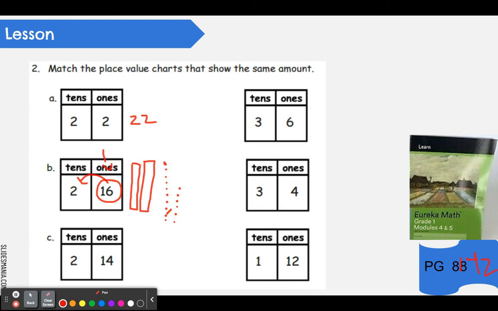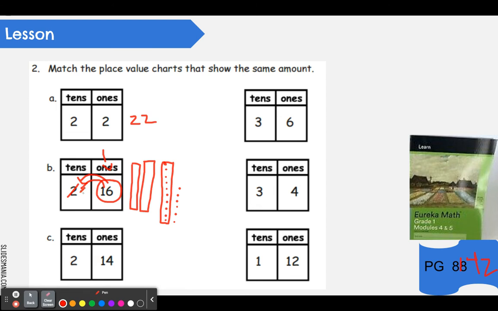I can't have more than 9 in my ones place because it's not allowed. Remember, we can't have a number greater than 9 in the ones place. So what I need to do is what we learned in first grade: it's easier for us to group numbers of 10. So we're going to go ahead and group this number into the tens. Once I group this number, I move my 1 into the tens place.